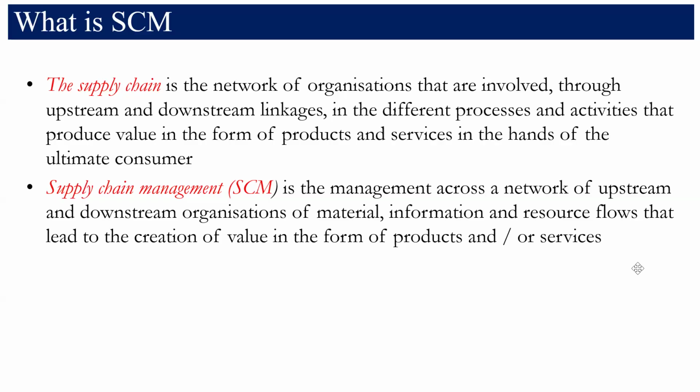The first one says the supply chain is the network of organizations involved through upstream and downstream linkages in different processes and activities that produce value in the form of products and services in the hands of ultimate consumers. The second one says it is management across the network of upstream and downstream organizations of material, information, and resource flow that lead to the creation of value in the form of product and service.